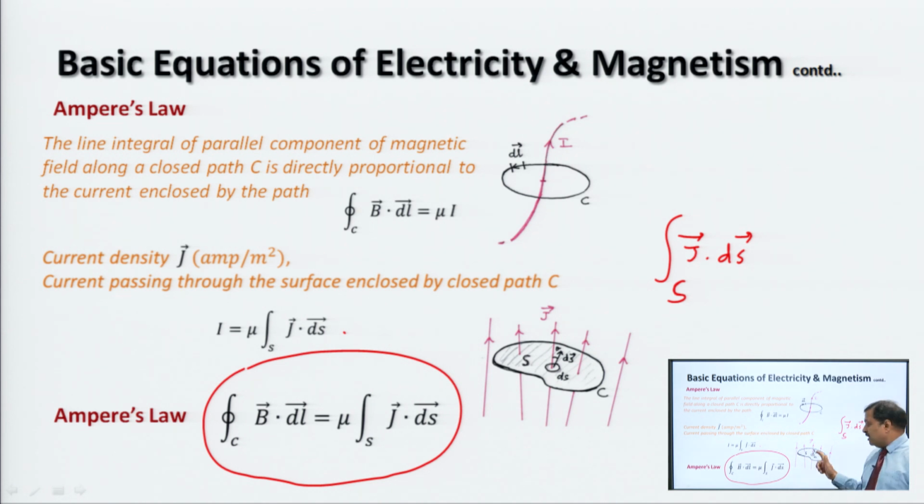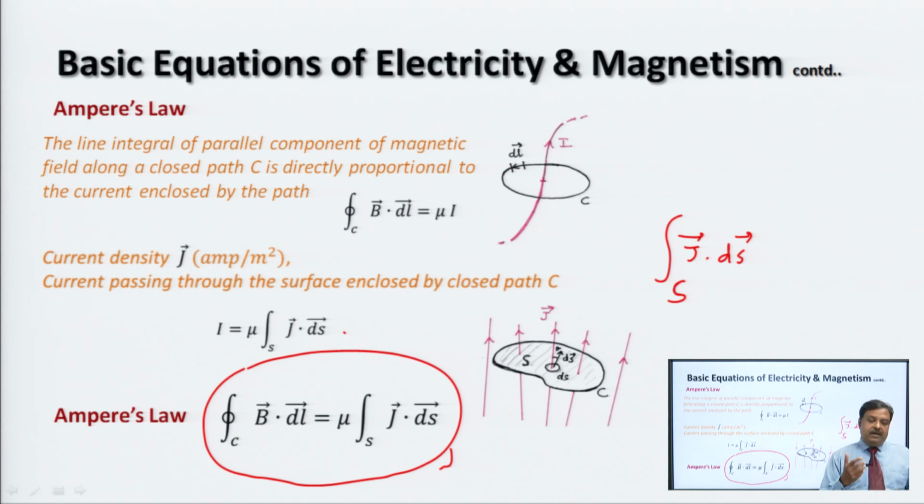This surface is not a closed surface. So, I do not represent this integral like this. This integral is evaluated over the closed path, and this integral is evaluated over the surface enclosed by the closed path. Here mu is the permeability of the medium.